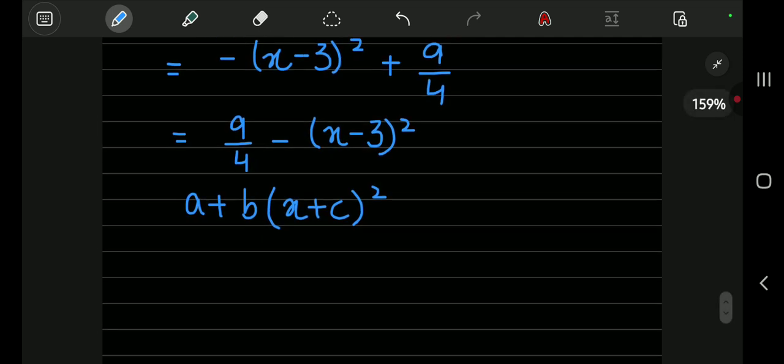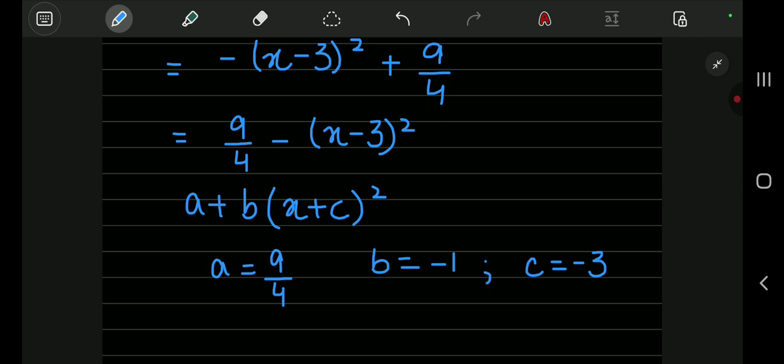So from here we will conclude a is 9 over 4, b is minus 1 because there is nothing here but just a minus, so your b is minus 1 and your c is minus 3.